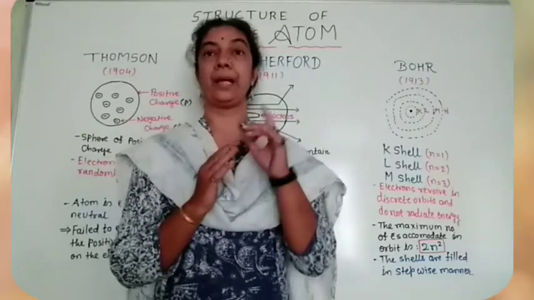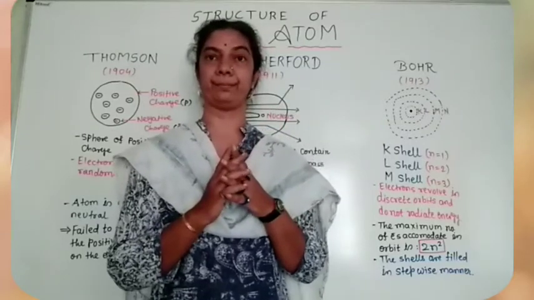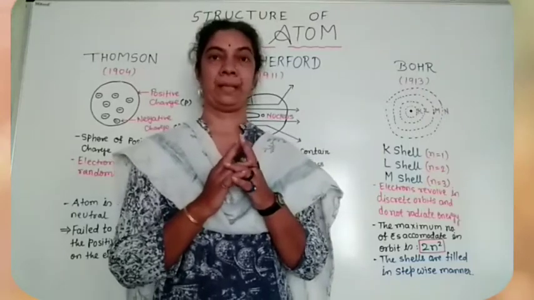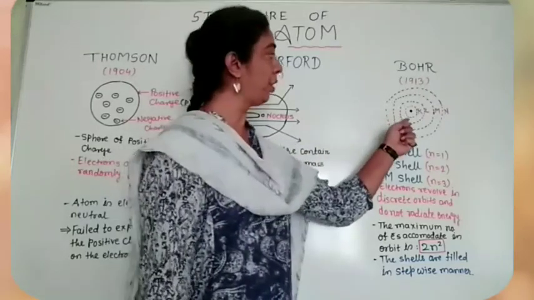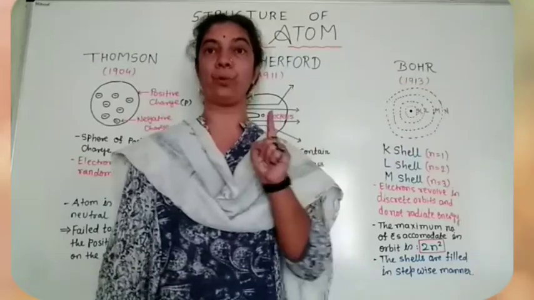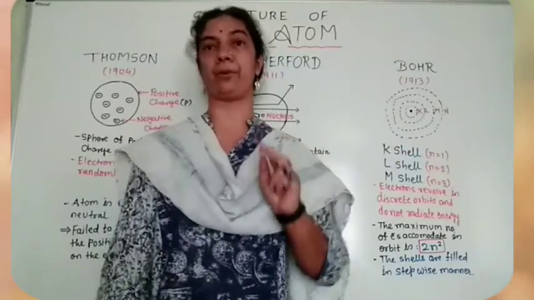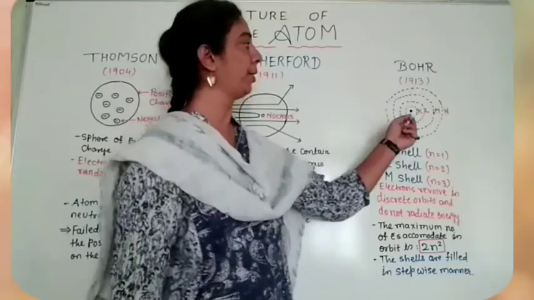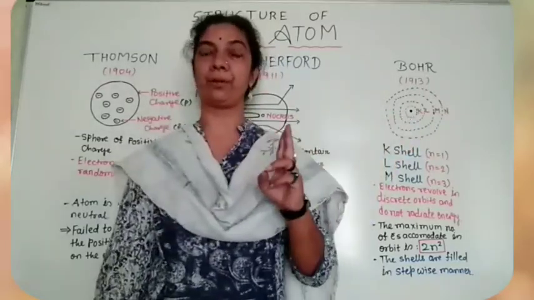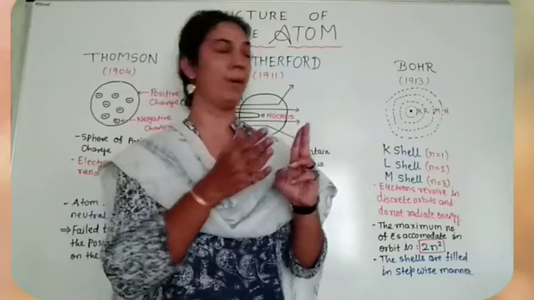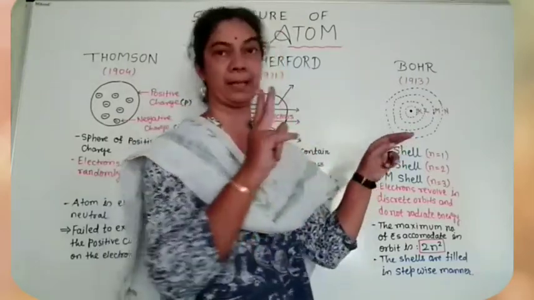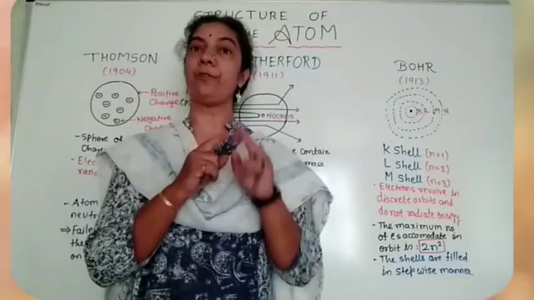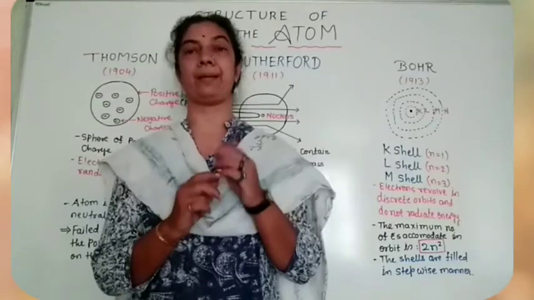If the atom has 7 electrons, then the first orbit can accommodate only 2 electrons. So the first orbit near the nucleus will have 2 electrons, and the remaining 5 will move in the second orbit, whose capacity is 8.